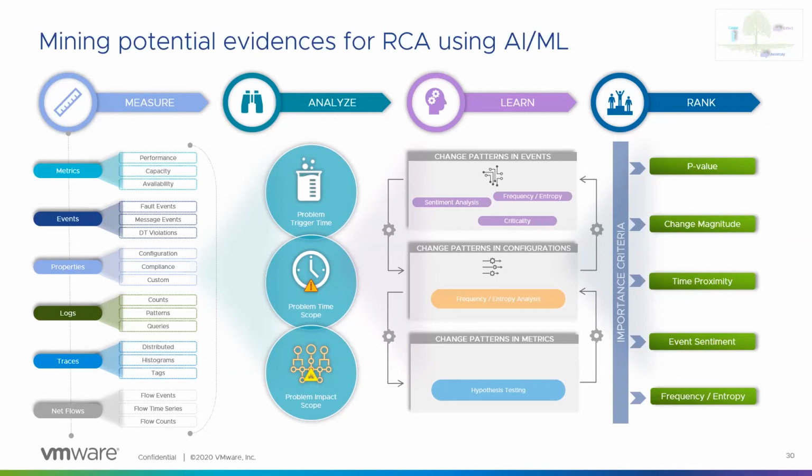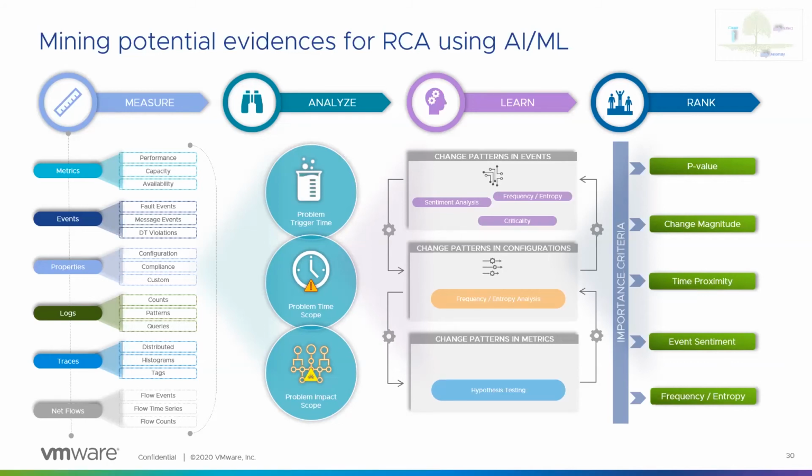You get events, which could be violations, faults coming from the source, or just simple text messages. Again, you look at properties, which are a big source of configuration changes happening in the environment, and they not only help with configuration or performance issues, but also compliance. And then you look at logs, traces, and net flows.